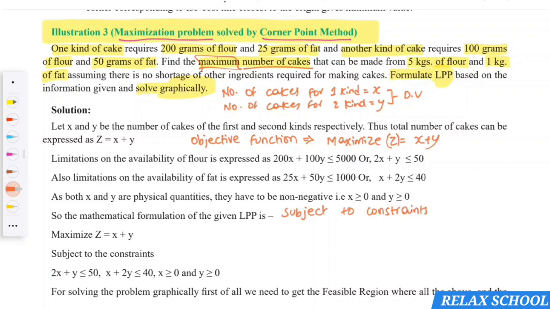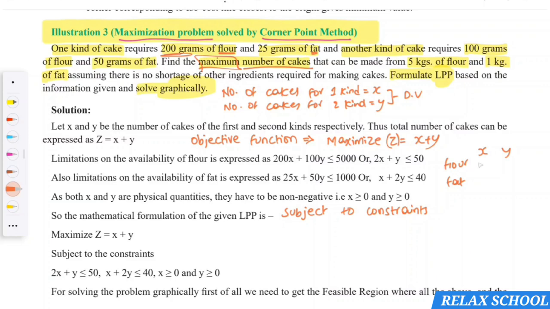For this purpose, let us write a simple table, alright? It would be very easy for us to formulate the problem that way. Here our decision variables are x and y. So we have constraints which are flour and fat, which are limited resources. How many grams of flour does x take?